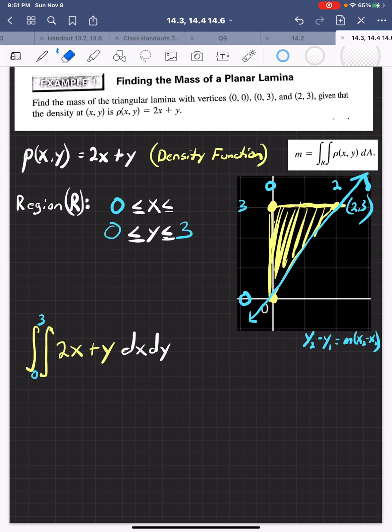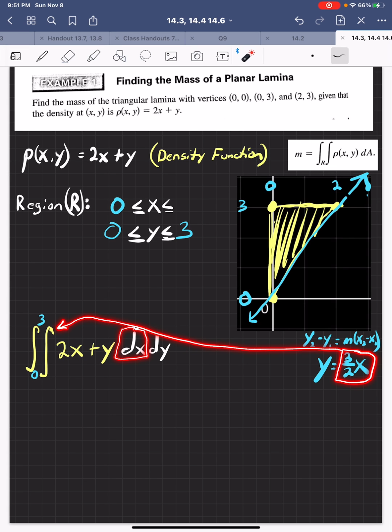Well, I can save us a little bit of time. So y would end up being 3 halves x, or 3x over 2. But just for example, I can't plug in 3 halves x here, because then my upper bound of integration would match my variable of integration, right?